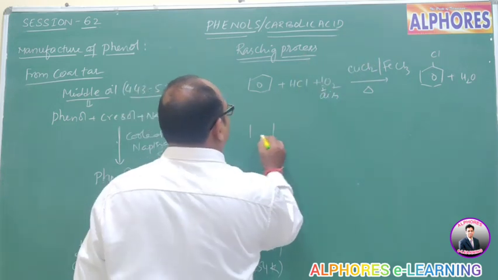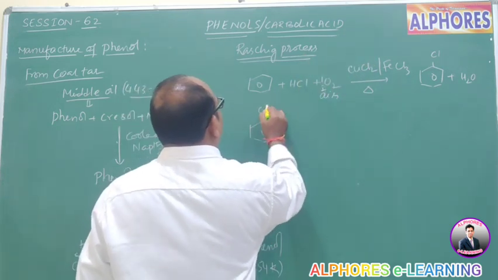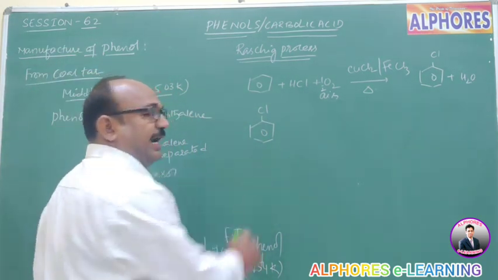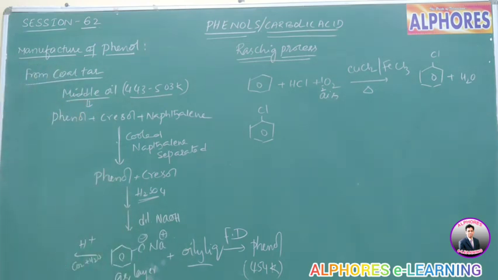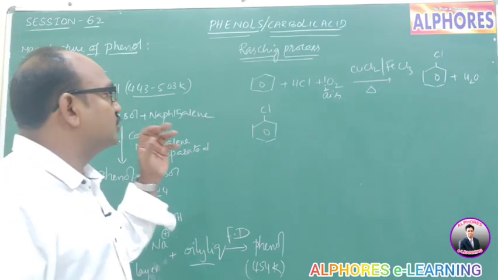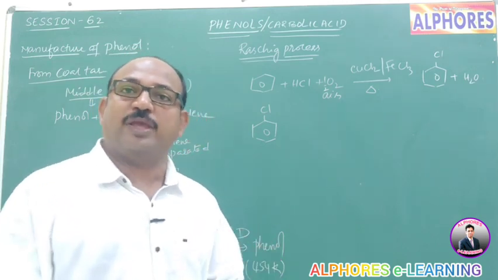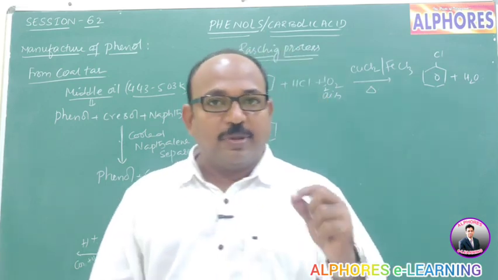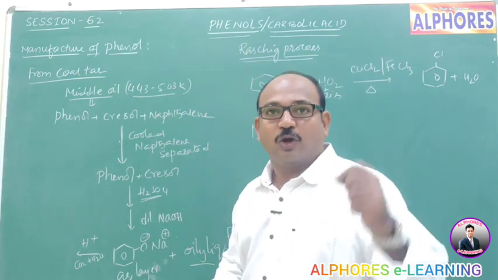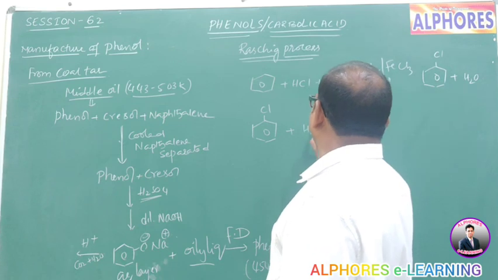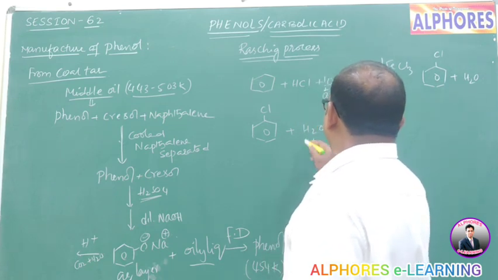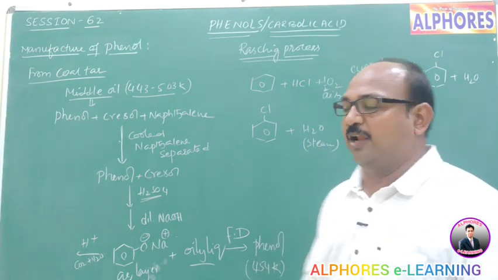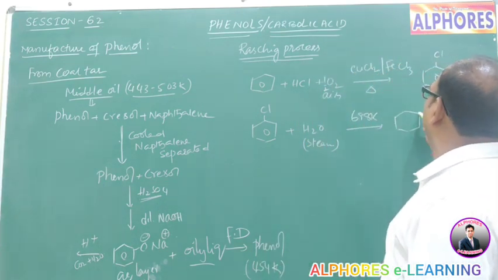Now this chlorobenzene upon reaction with sodium hydroxide and further acidification, that reaction we call the Dow process. But here in the Raschig method, chlorobenzene reacts with steam at 698 Kelvin, then we are getting phenol.